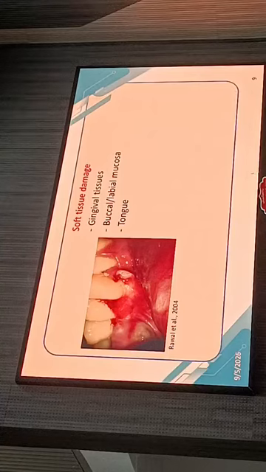Most commonly it's to the gingival tissues, but in my experience, you sometimes get trauma to other areas, such as the buccal mucosa and the tongue. And I don't feel like it's completely operator dependent.